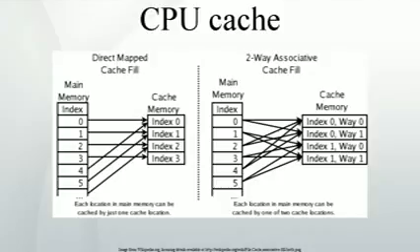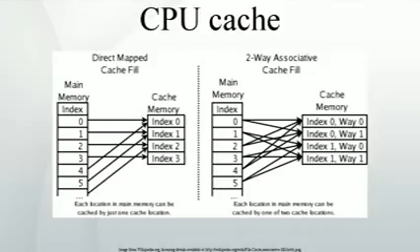When the processor needs to read or write a location in main memory, it first checks for a corresponding entry in the cache. The cache checks for the contents of the requested memory location in any cache lines that might contain that address. If the processor finds that the memory location is in the cache, a cache hit has occurred. However, if the processor does not find the memory location in the cache, a cache miss has occurred.